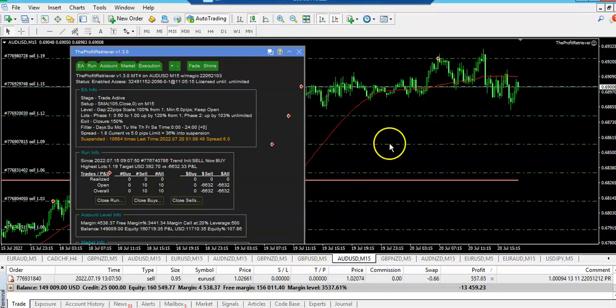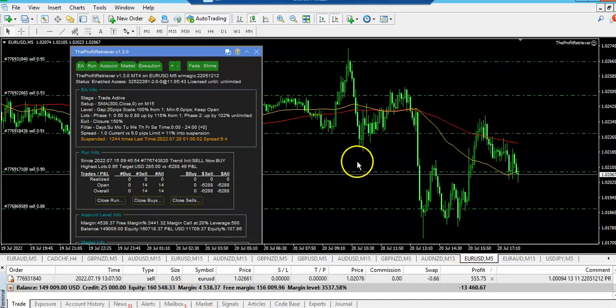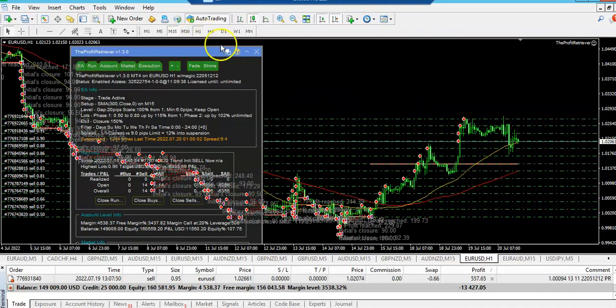So if I go to my trading here, okay, let's use the Euro US dollar, because this one has been trading for 5 days in the wrong direction basically. Let me go to a higher time frame.